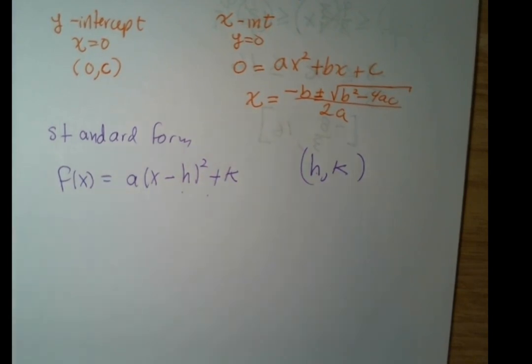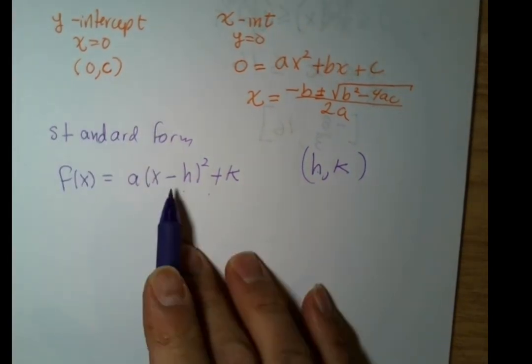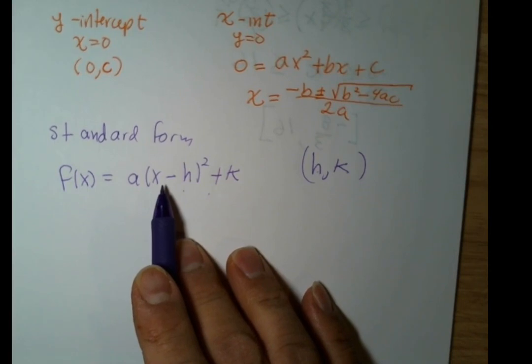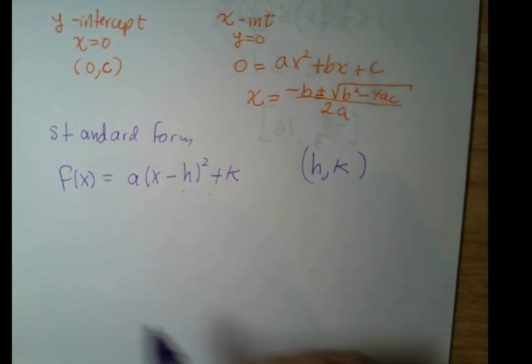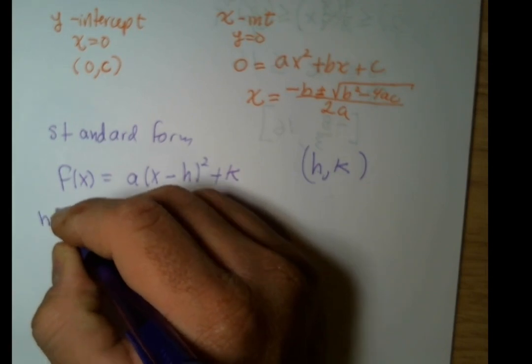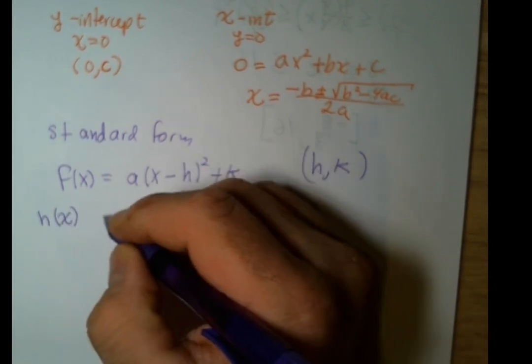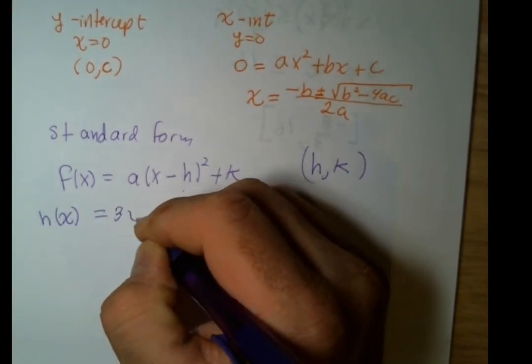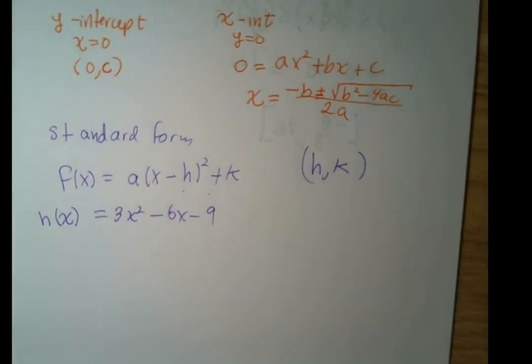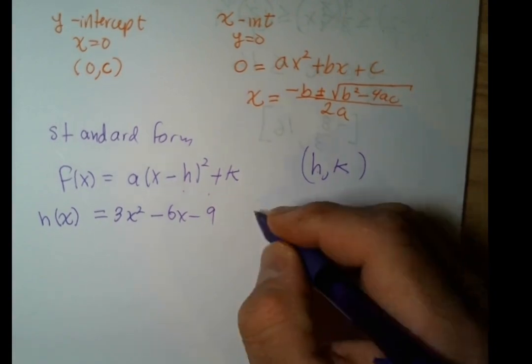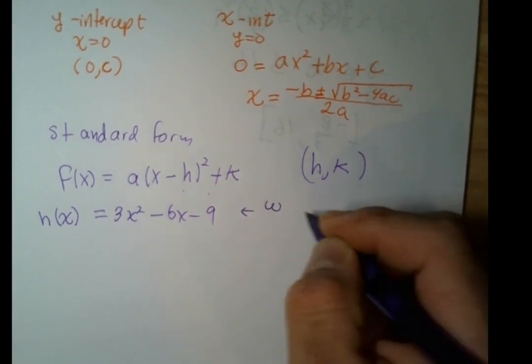All right, now we don't have to do any extra work to write it in the standard form, or any work that isn't too involved. So what I mean is, let's say we had this function here, 3x squared minus 6x minus 9, and then we wanted to write it in standard form.